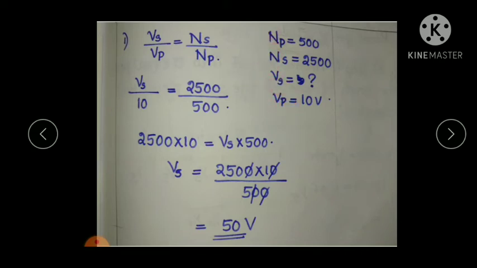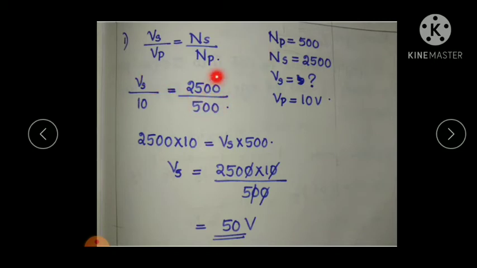In the first step, we have to write the equation. So we know that Vs by Vp is equal to Ns by Np. After that, write the given data in the correct places. So Vp is 10 volt, so write here 10, then Ns 2500 and Np is 500.